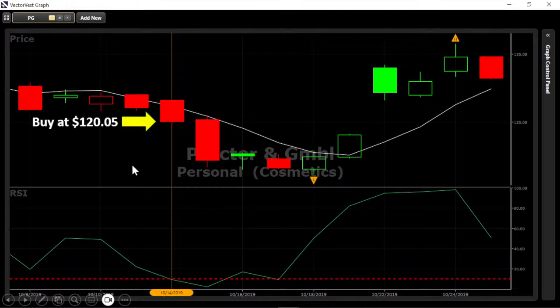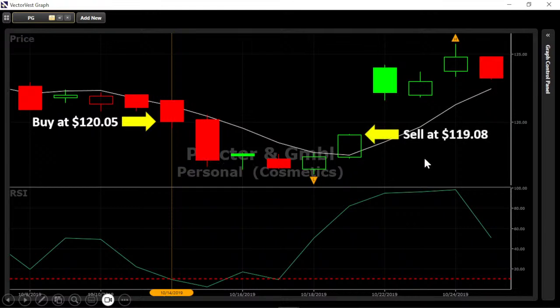How would you close a trade at a loss? Well, in this case, there's a setup. We buy at 120.05. Price is still above the 200-day moving average, but below the 5-day moving average with the 2-period RSI below 10. If we buy it at 120.05, the stock price falls the next day, and it just kind of keeps drifting a little lower.